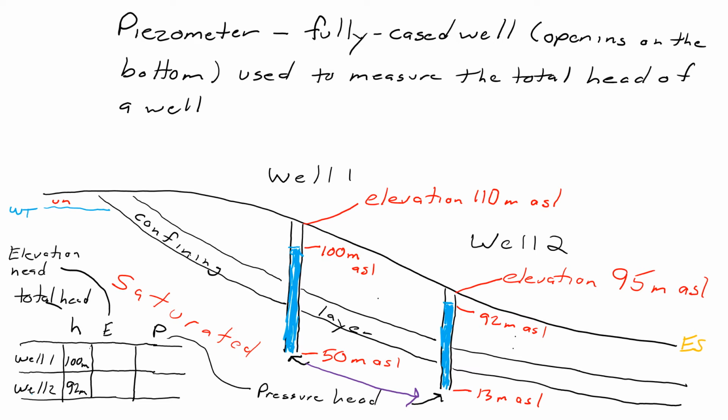Okay, elevation head. The elevation head is the height that water rises up within the piezometer, within the well. So it's the height of the water column above the base of the well. So how high is the water column above the base of well 1?